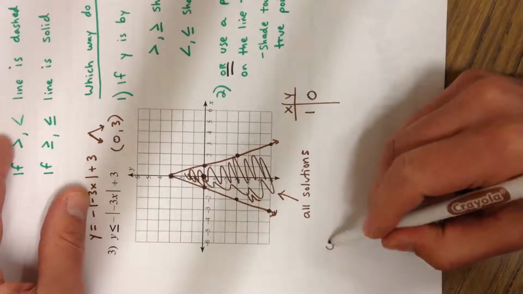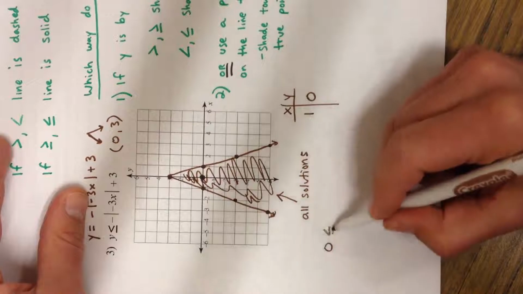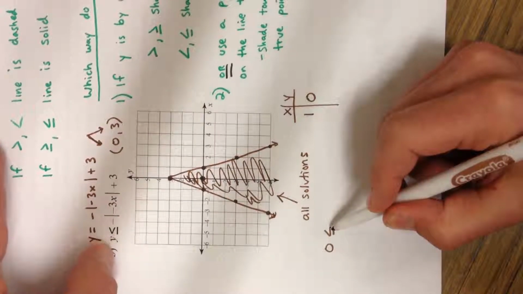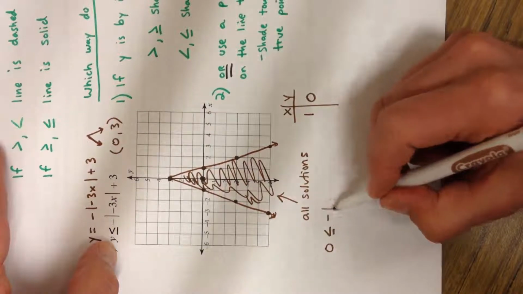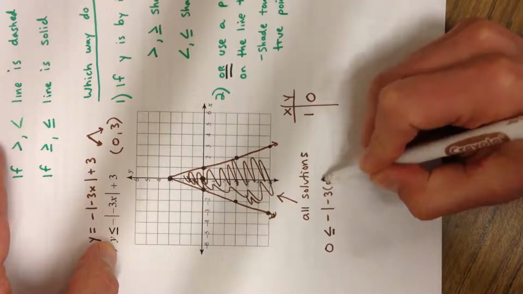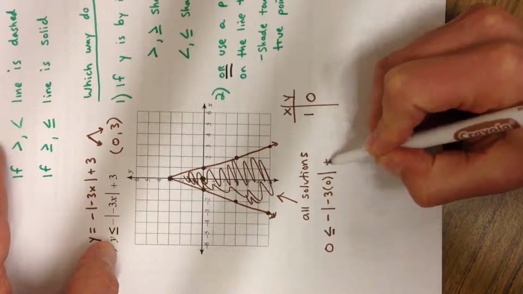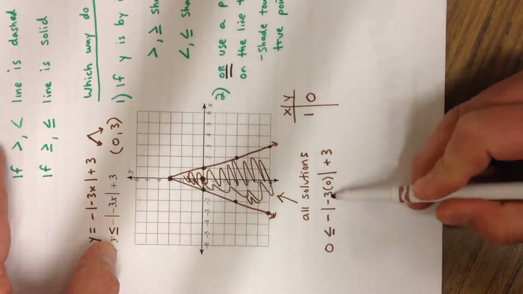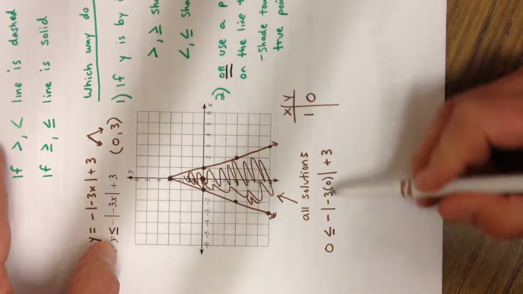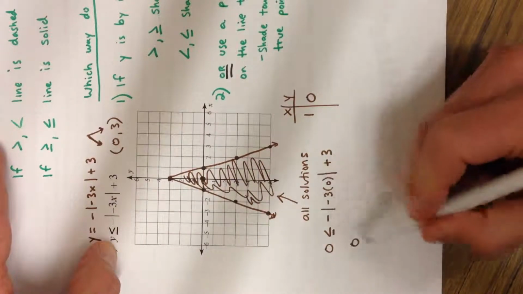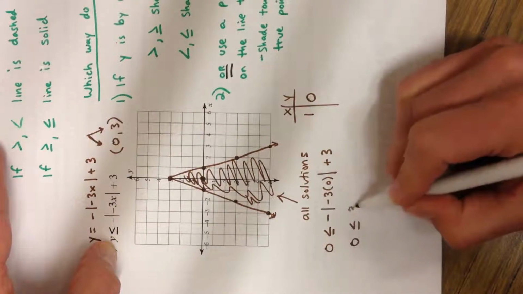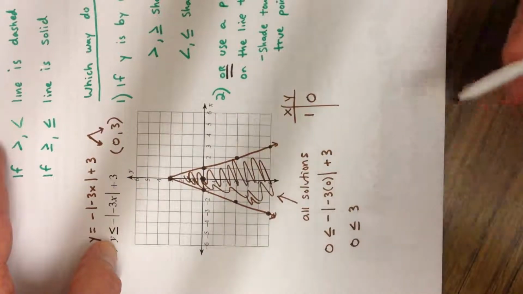So let's try it. I plug in 0 for y. I'm taking this inequality here, right beside the 3, and I'm going to plug in 0. 3 times 0 is 0, and the negative of that is still 0. So this whole thing just cancels out, and I have 0 is less than or equal to 3.